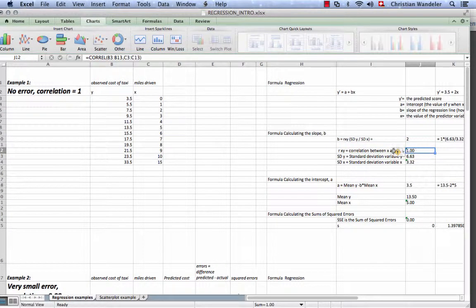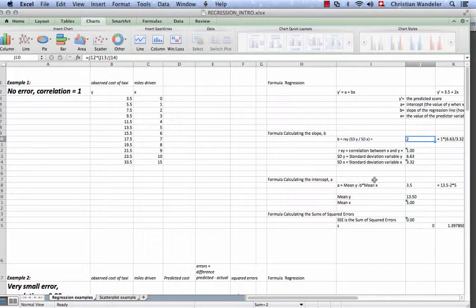I used this Excel formula, the correlation between y and x, and then for the standard deviation, I used the Excel formula for y and for x, right? And then I created a formula here that combines the correlation times the standard deviation of y divided by the standard deviation of x. So that's how I got the beta.